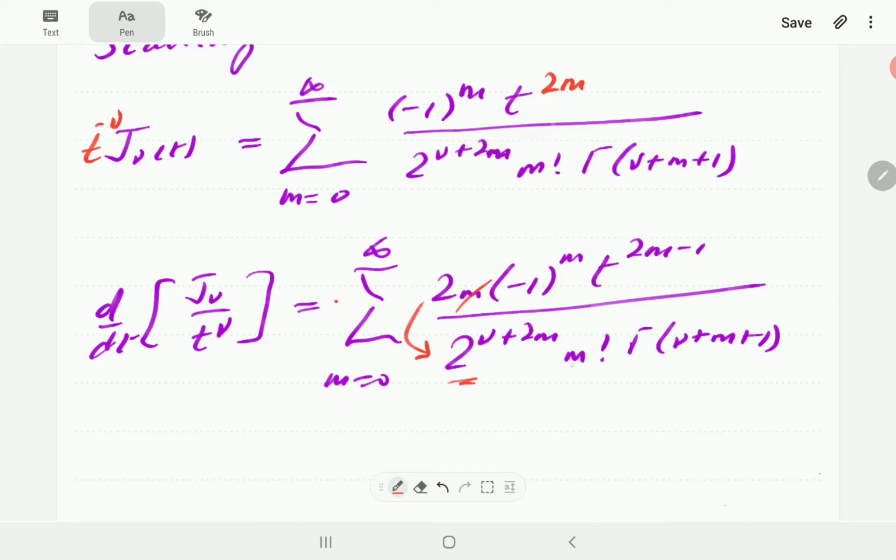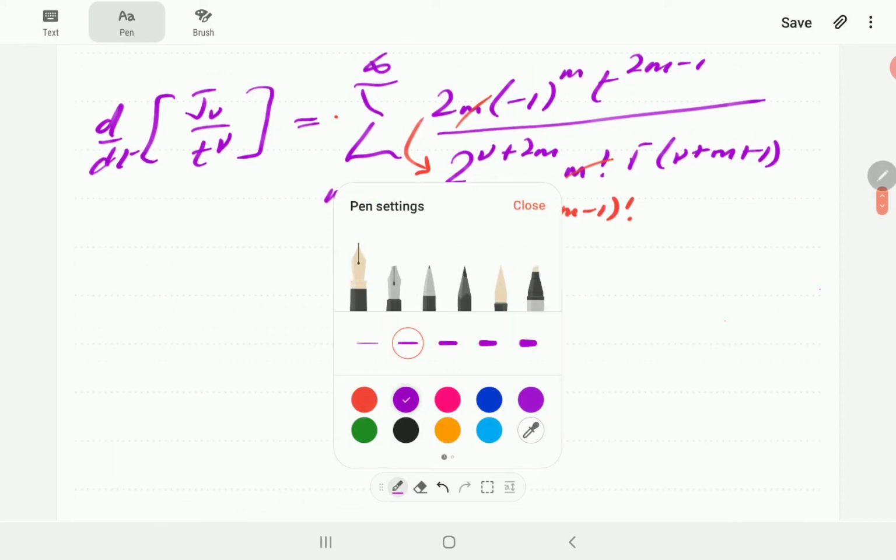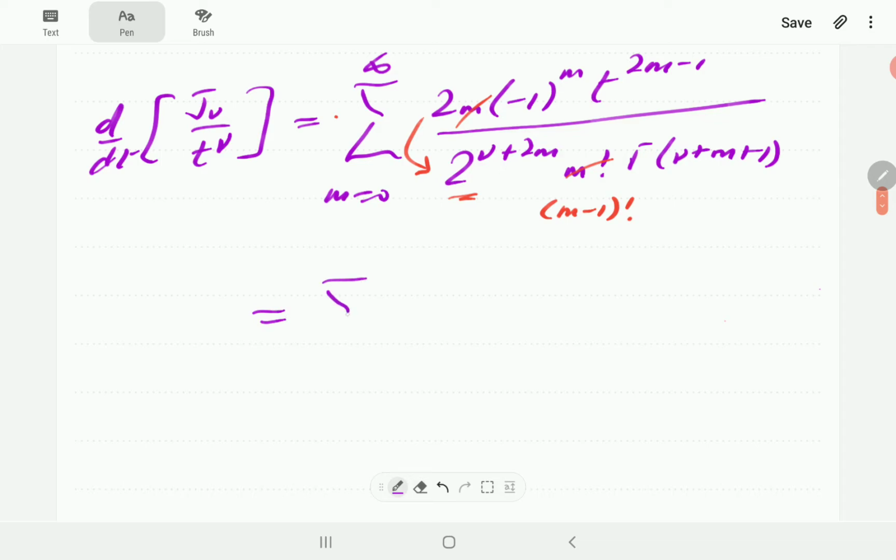This m is going to divide with this one. We're going to end up with m minus 1 factorial there. So in the next step, this is going to be the summation of negative 1 to the power m t to the power 2m minus 1.